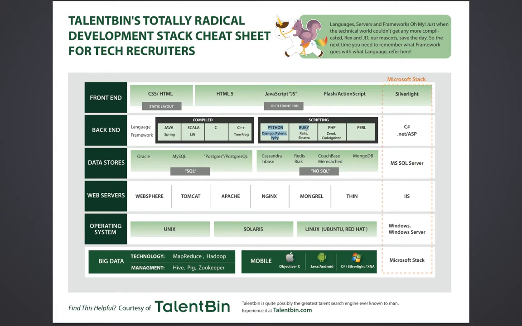And again, these also have frameworks. Ruby is probably one of the more famous ones. Its most popular framework is Rails. So you hear of Ruby on Rails, but there are also other Ruby frameworks, like Sinatra. PHP has Zend and CodeIgniter. Python has Django, Pylons, PyPy, and so on and so forth, right?